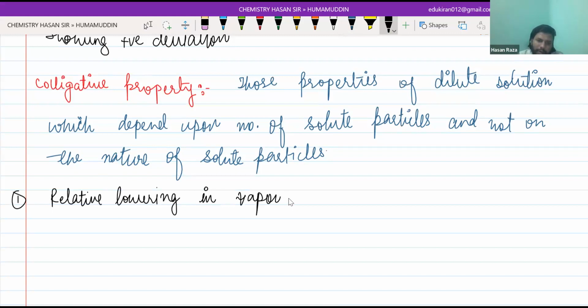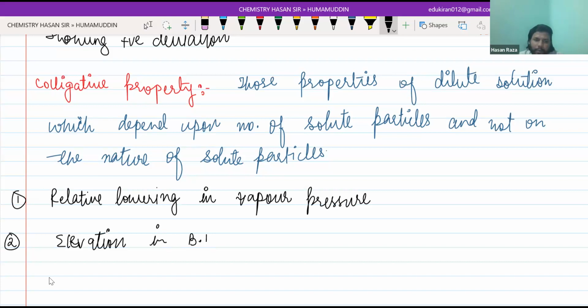The second one is elevation in boiling point. The third is depression in freezing point.